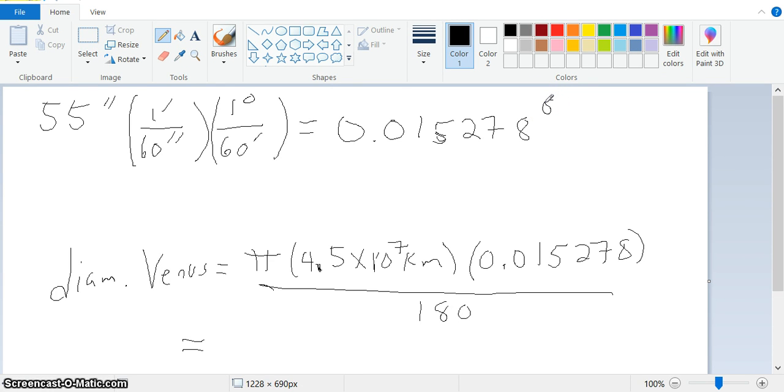We put that in our equation. The diameter of Venus turns out to be pi times the distance to Venus, which was given in the problem as 4.5 times 10 to the 7th kilometers, multiplied by the angle, and you get 12,000 kilometers.